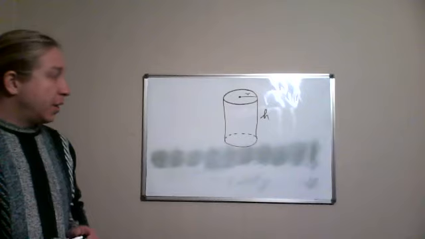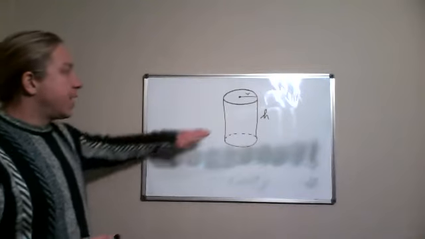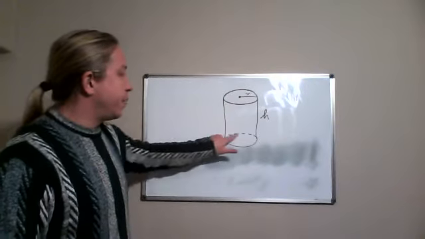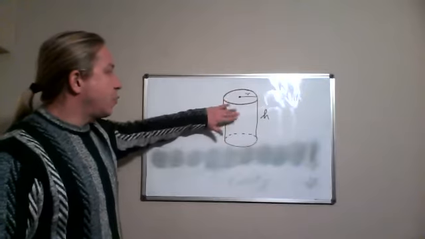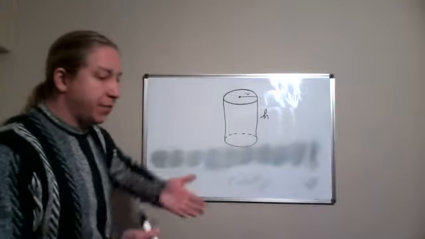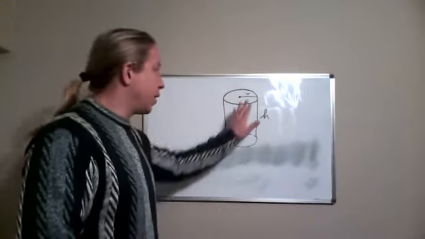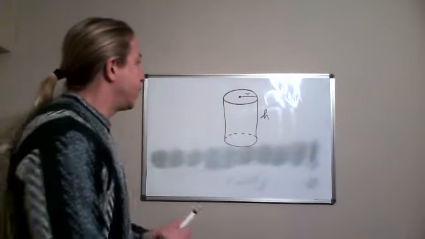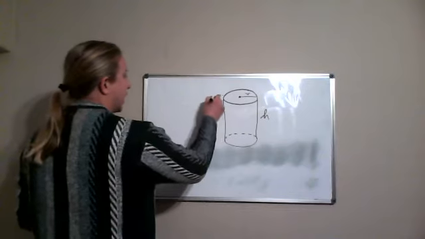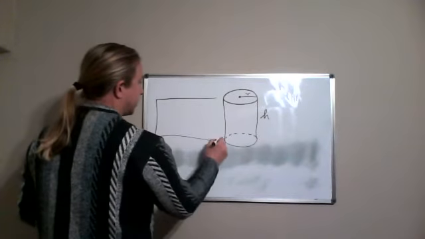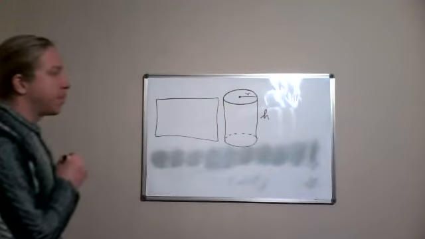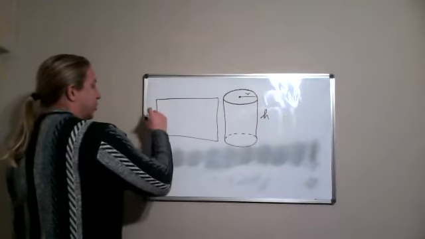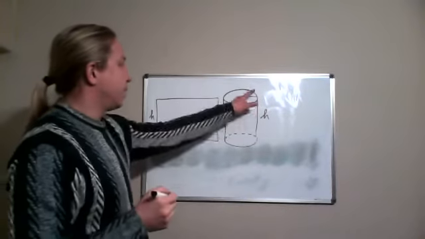Okay, so the surface area is this top circle there, the bottom circle there, and we have this side over here. So if we take this can and roll it on a piece of paper, the contact that it makes is the surface area. So if we roll this thing out, it's going to be a piece like that. This side here is going to be H, which is the height of the can.